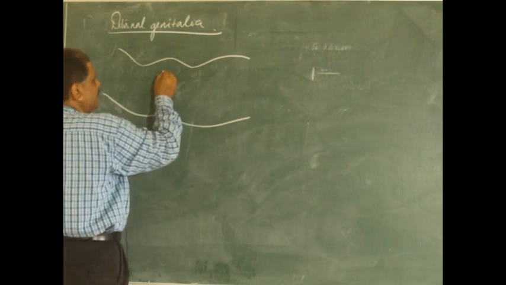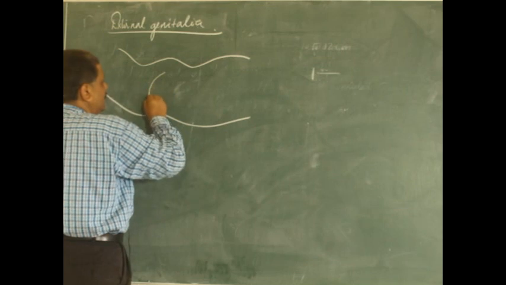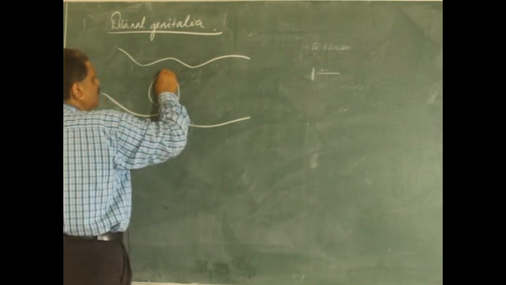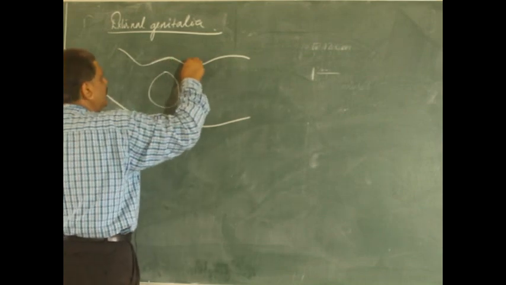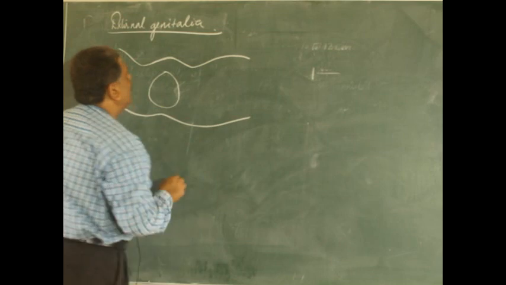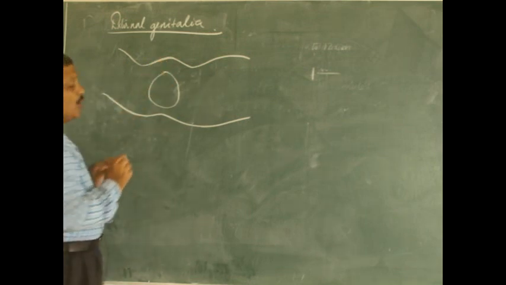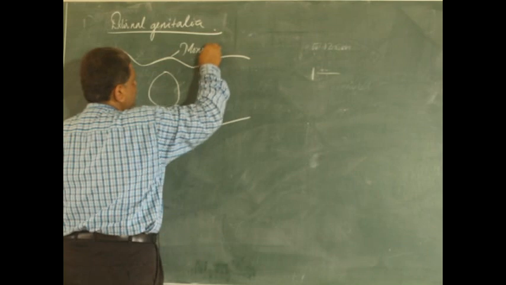Here you can see the presence of soft, tissue-rich skin which is covered by hairs, and this is called mons pubis.